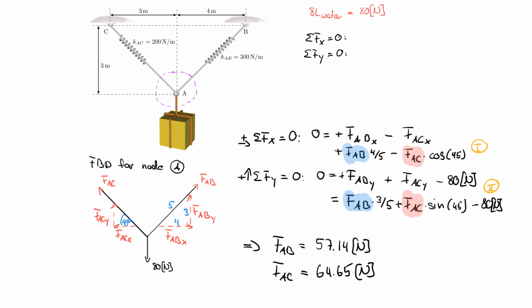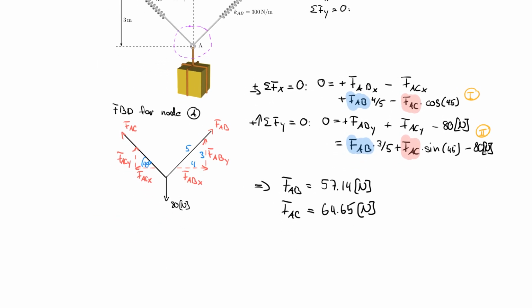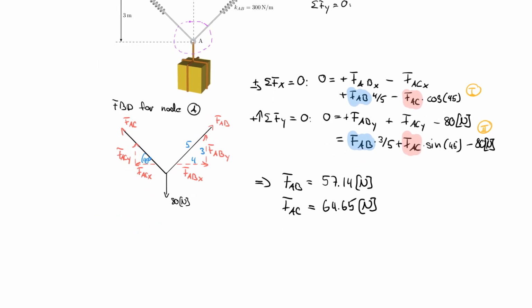Once again, these are not results, although it seems that way. But what we're really asked for here is the spring stretch. So let's calculate the stretch in the springs, with FAB the force that sits in the spring AB. And that had a spring constant of 300 newtons per meter.